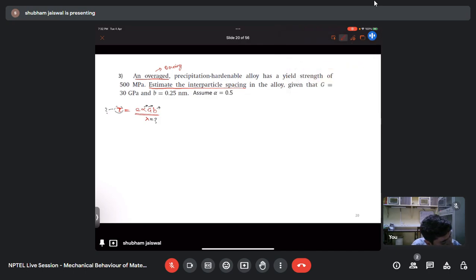So what are the things that have been given? We have alpha equal to 0.5, G equal to 30 GPa, b equal to 0.25 nanometer. We don't know tau and we don't know lambda. So first we need to find out tau, and only then will we be able to find lambda. So how can we find tau?